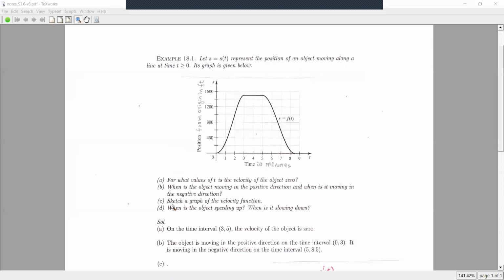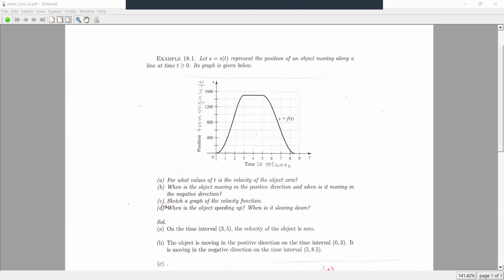Part C. Sketch a graph of the velocity function. Velocity here means instantaneous velocity. By fact number 3, an instantaneous velocity is the slope of a tangent line.